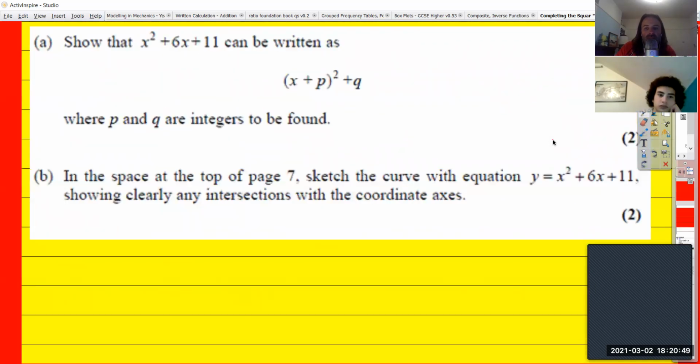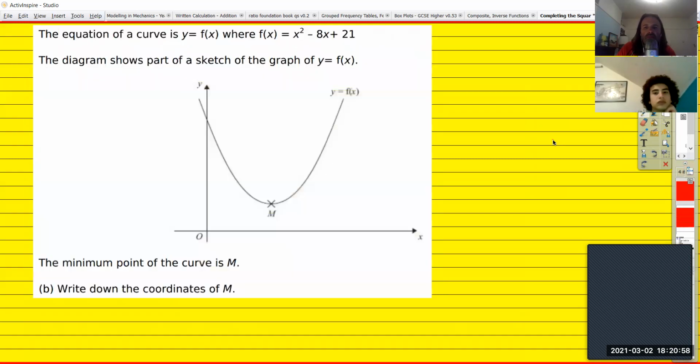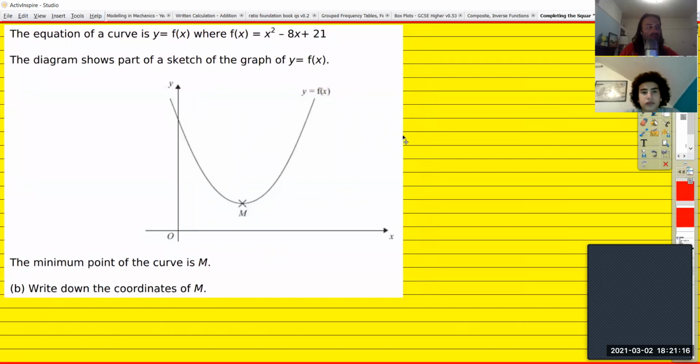Let's see. This one's very similar. Something came out weird. Find the value of a and b. Same idea. All right. How about this one? x minus 4 squared plus 5.